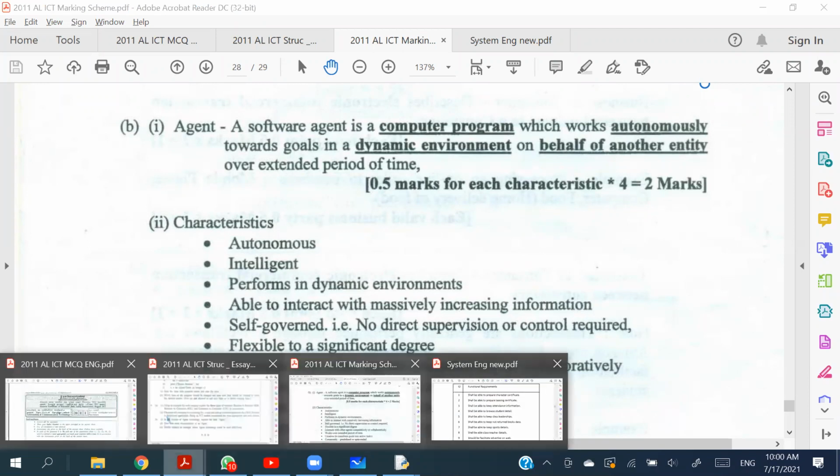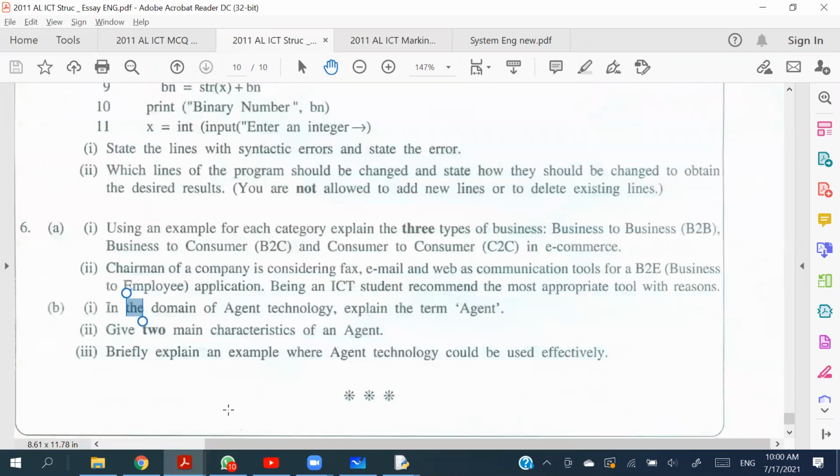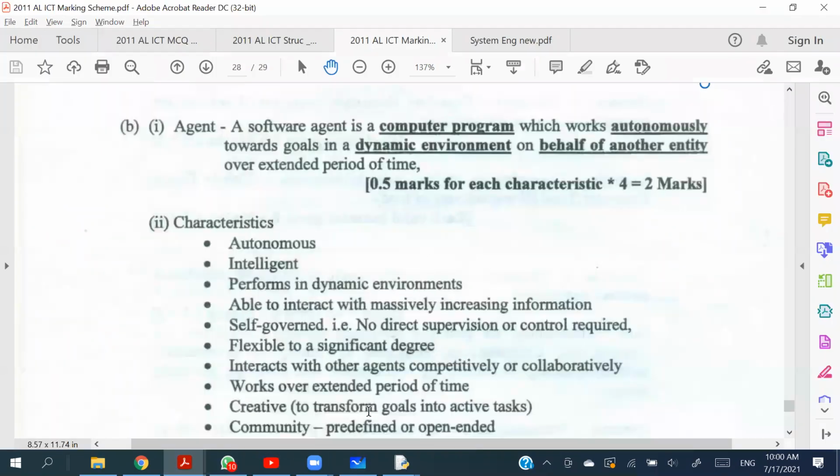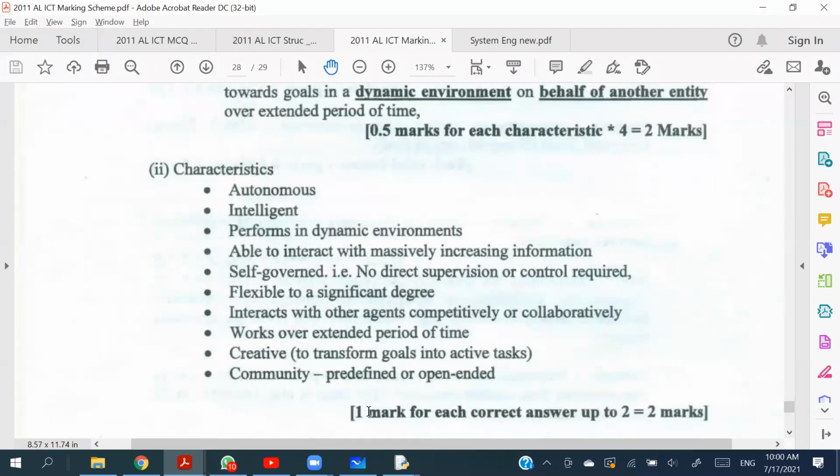And as the final question, they have asked, give 2 main characteristics of an agent. So I have told you many times, when you are giving the characteristics of an agent, always go for the top 5 or like the hot 5, right? Autonomous, intelligence, right?